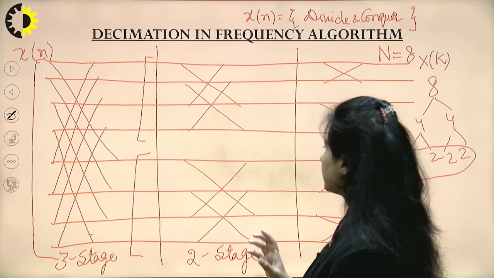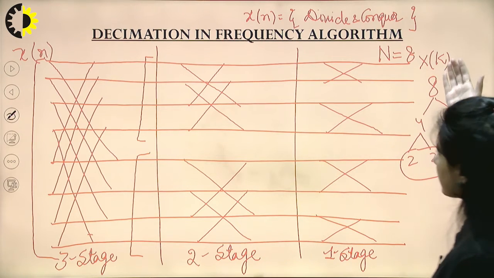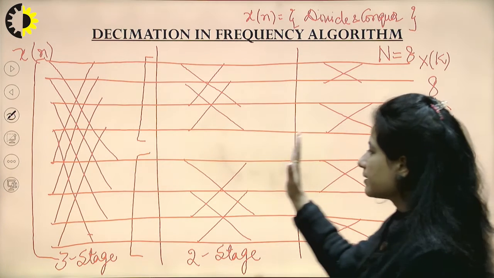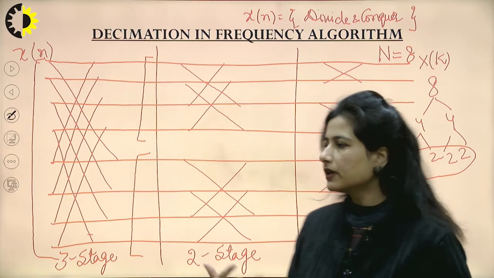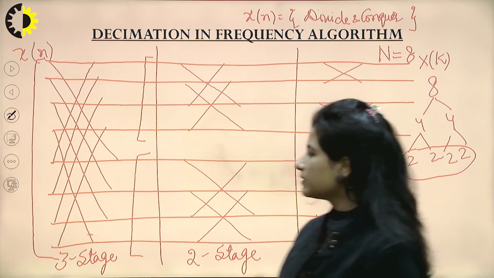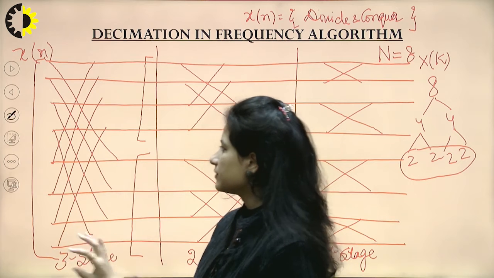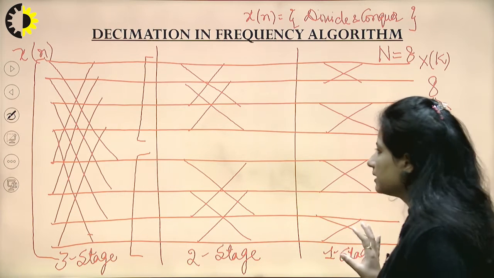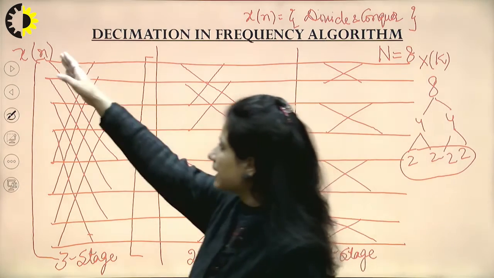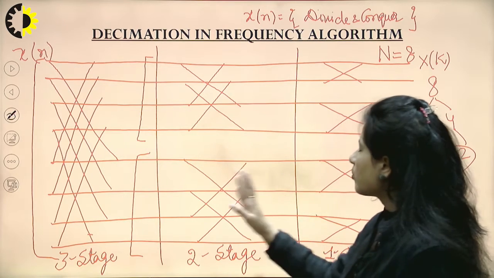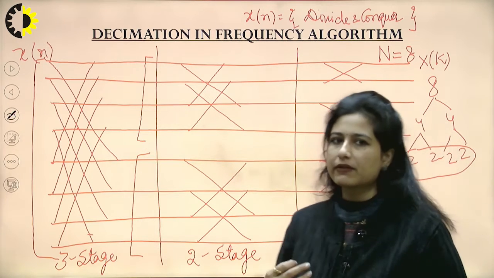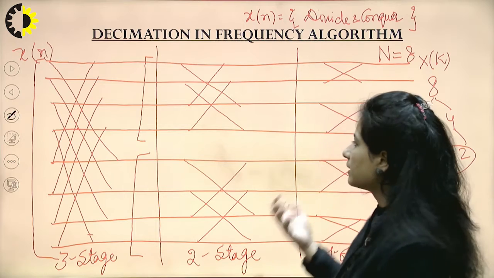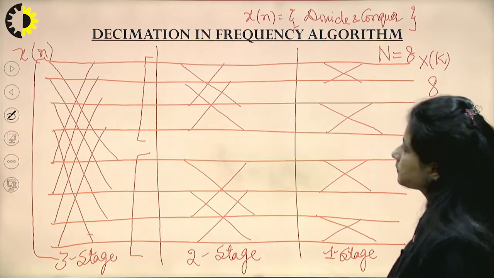So we can start from the X(k) and start drawing the graph in the same way. Or if we feel comfortable from the left hand side, then we start the third stage first, following the second stage and the first stage. So I may first connect 8 points, then 4 points and 2 points. This is completely my wish, how I feel comfortable in drawing this particular graph.